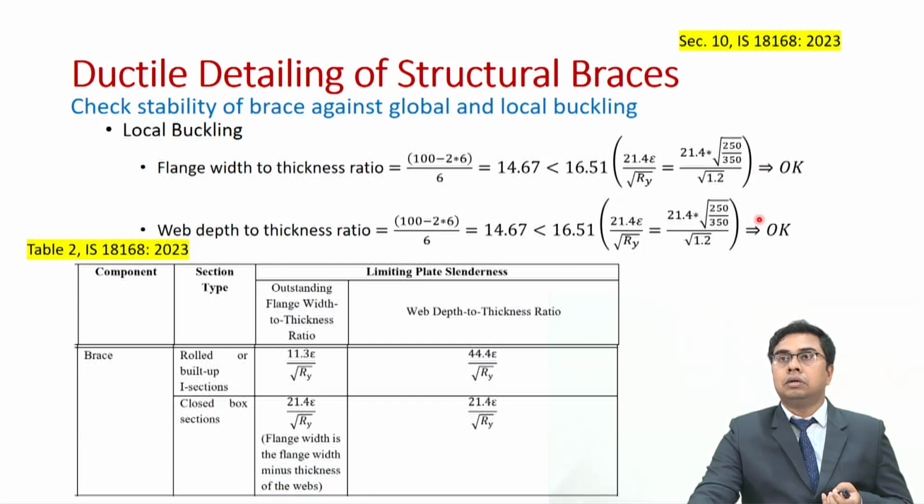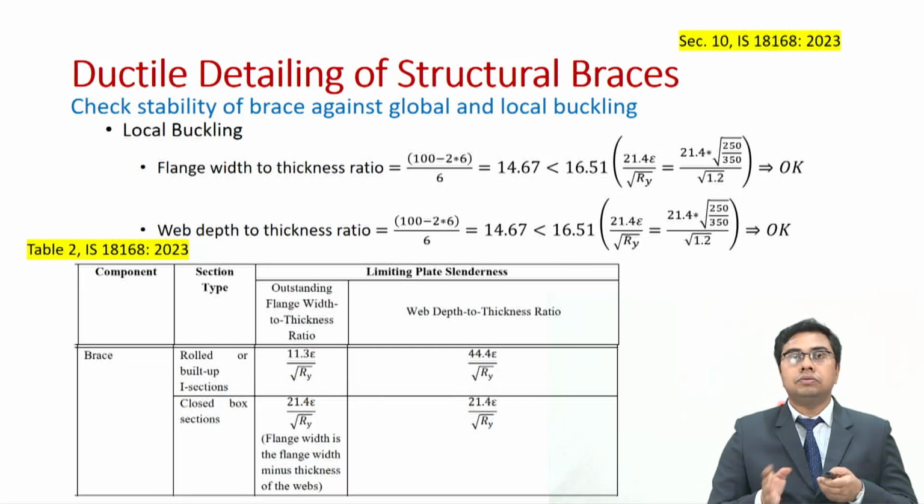Both of them are satisfying the guidelines presented in table 2 of IS 18168 2023. I have placed a screenshot of the code over here for a better visualization. Here we are using a closed box section, so we should use these expressions.